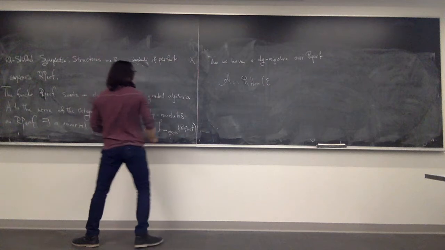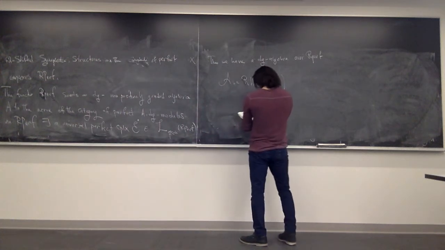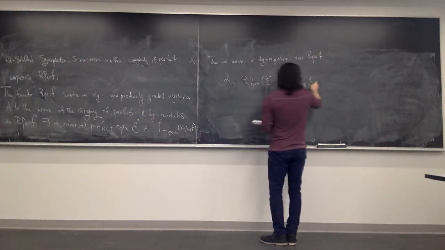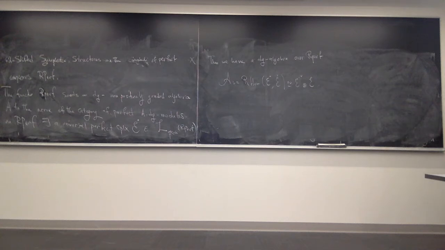I call it E dot. This is the one that gives you the DG structure on the R Perf.